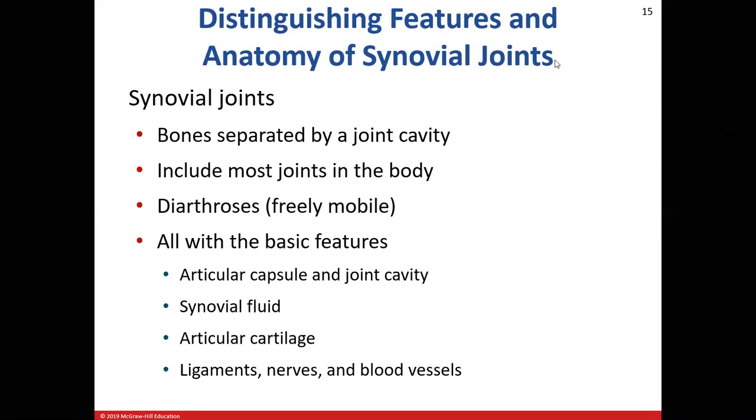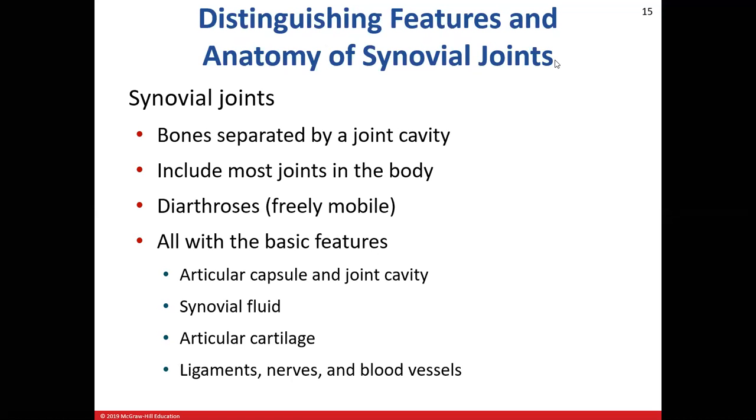So now let's look at our next type of joint, and that's going to be a synovial joint. So we have a lot of different distinguishing features and characteristics of synovial joints. When we look at synovial joints, the bones are actually going to be separated by a joint cavity. So we don't necessarily have direct bone-to-bone contact in that particular joint. There is a little bit of a space between it.